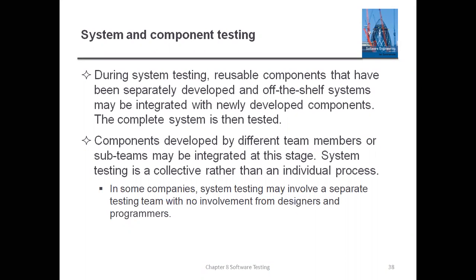Some components will be available for reuse separately, and once the new components have been tested, we can merge them together and go for system testing. All the components have been developed by the developers, or the team members, or the sub team members, right?